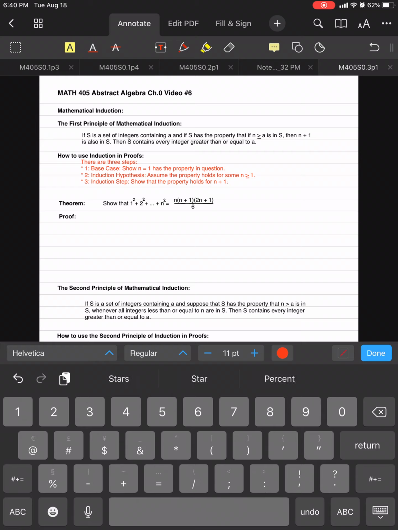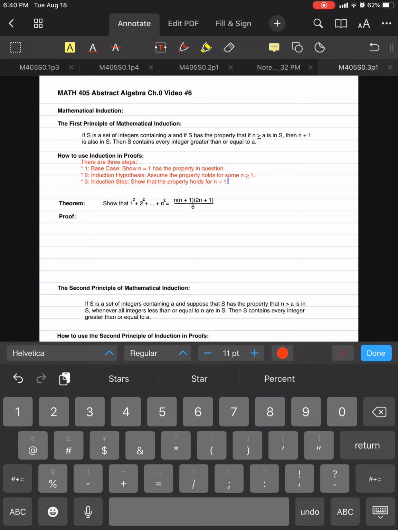So, essentially, you want to show whatever it is you're talking about is true for the value n equals 1. In other words, if you've got a formula or whatever, show that if you plug n equals 1 into that formula, it works. Your second step, the induction hypothesis, you want to assume the property holds for some particular n greater than or equal to 1.